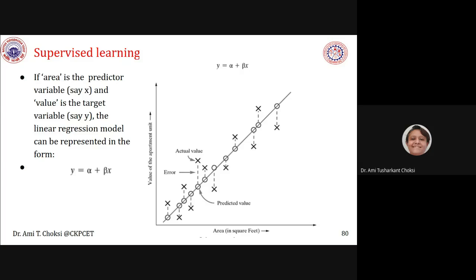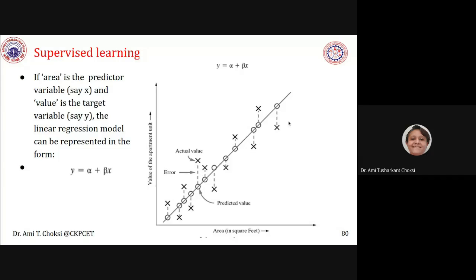Which values? The predicted values. It is trying to fit all of them, not all, almost all, right? And what I said is trying to fit. It is not necessary that it will fit exactly. It is trying to fit the predicted values as a line.